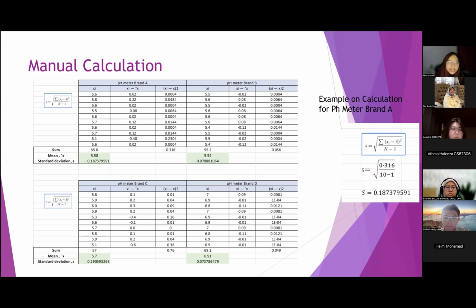And from here we can calculate the difference between individual data minus mean, and we raise it to the power of 2. And we use this formula, which is the square root of the sum of individual data minus average, to the power of 2, divided by number of samples minus 1. And this is an example for pH meter brand A. We get S is 0.1873. It's the same as in my previous slide from the descriptive analysis.